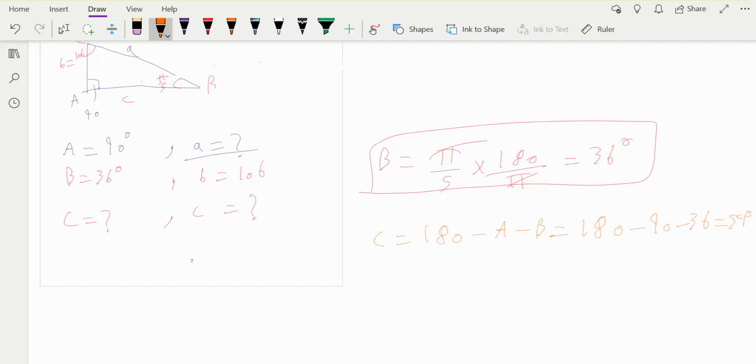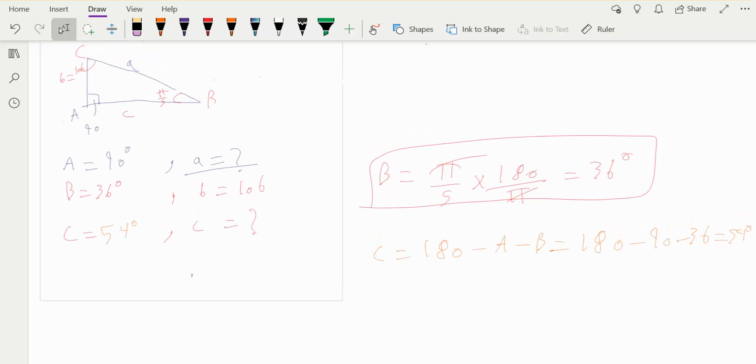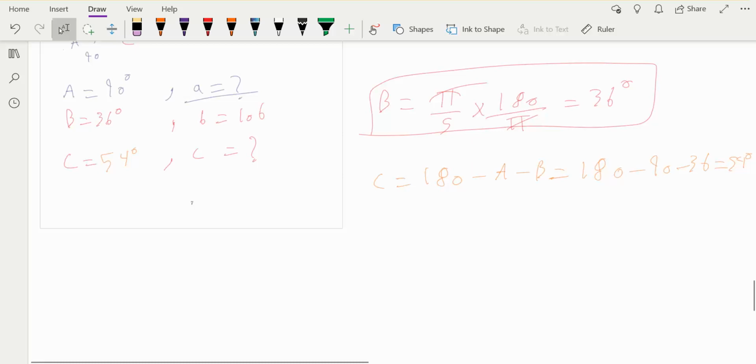Right, this is a right triangle, so I would prefer to start with side C, because then we can just use the Pythagorean theorem to find side A. So let's do that. So sine of B over 106. I'm sorry.